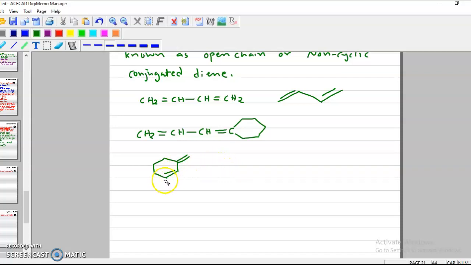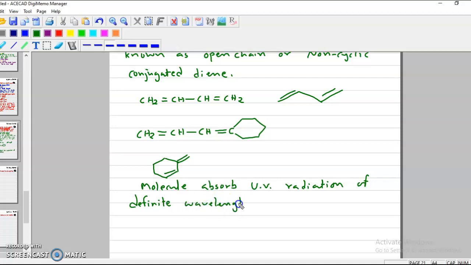And when such a system is present, the molecule absorbs UV visible radiations of definite wavelength, which is known as the base value.